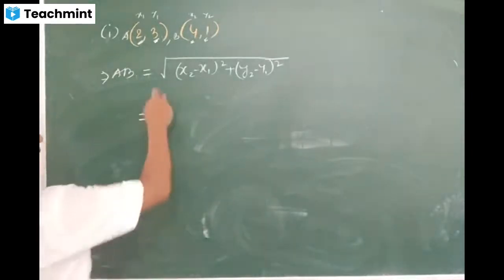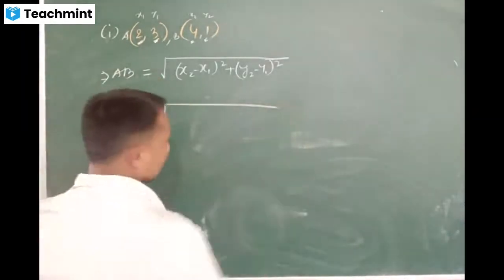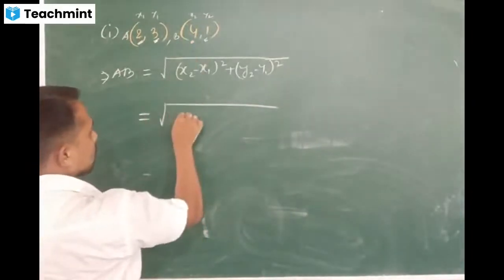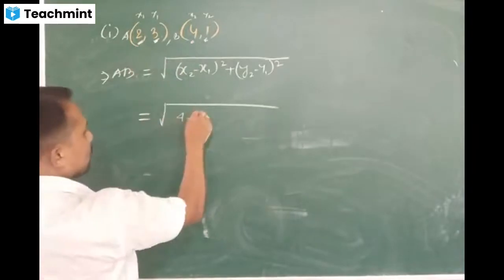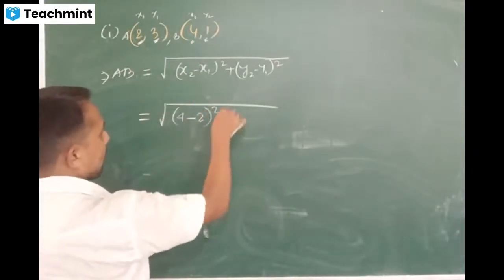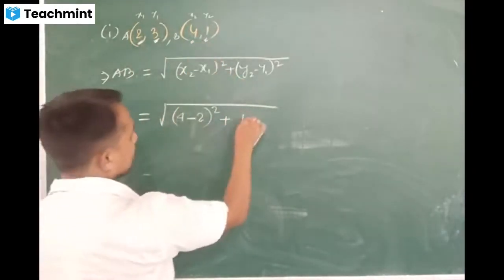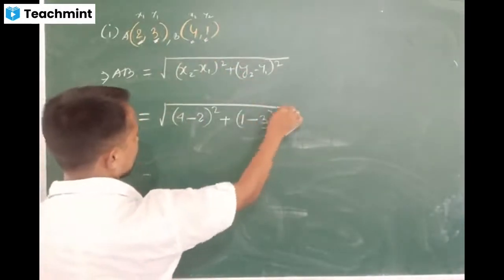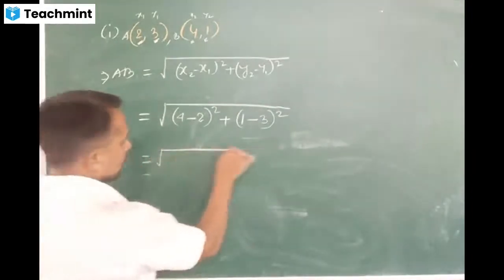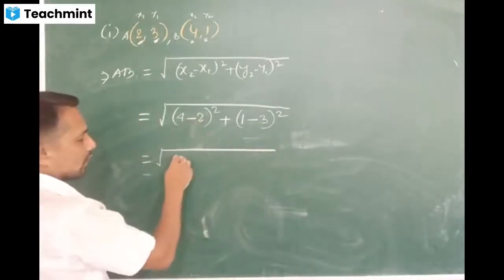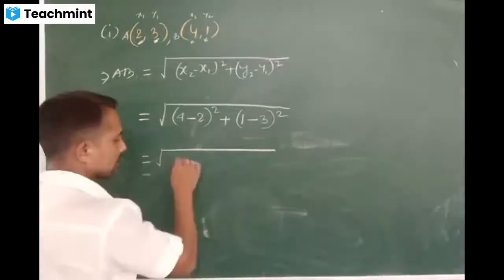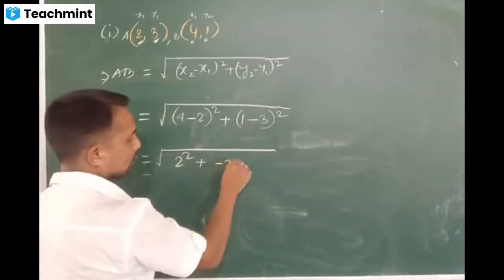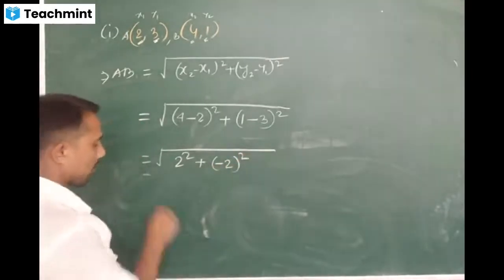Now, we have already found x1, x2, y1, y2. Now place here x2, how much? 4 minus x1, which is 2, whole square, plus y2, which is 1, minus y1, which is 3, whole square. Now in square root, 4 minus 2 is equal to 2 square, and 1 minus 3 is minus 2 whole square.